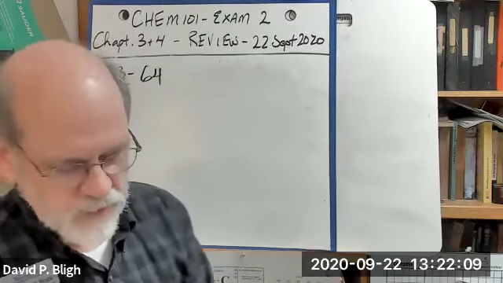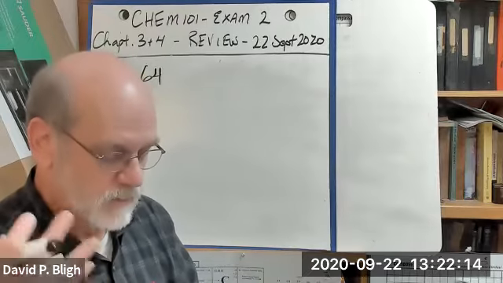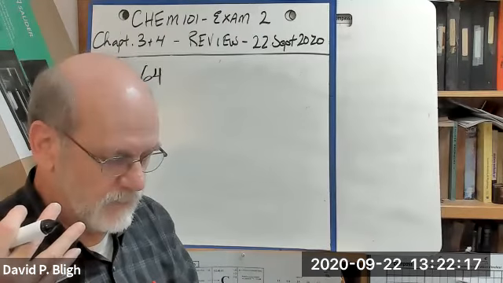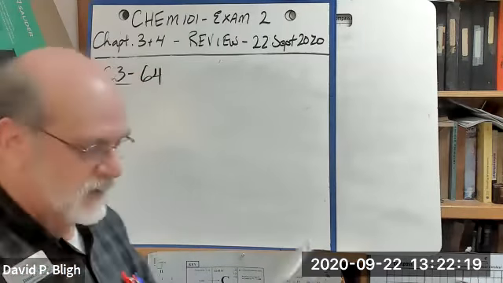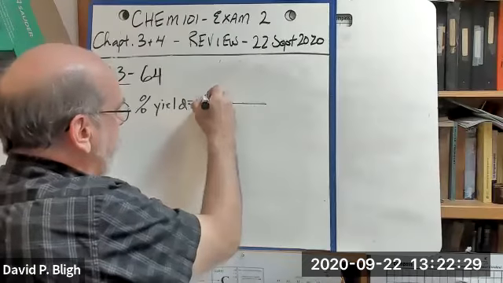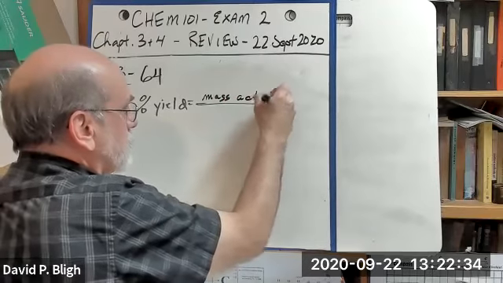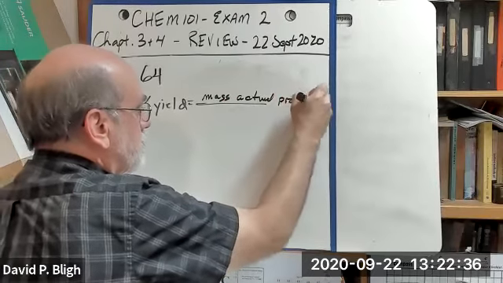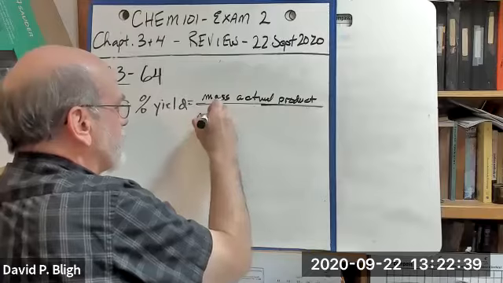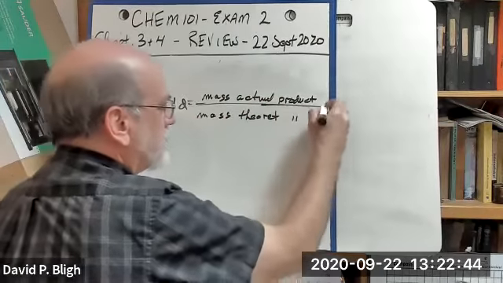So 64 addresses the calculation of percent yield. Right? So percent yield we found was the mass of actual product divided by the mass of theoretical product times 100.